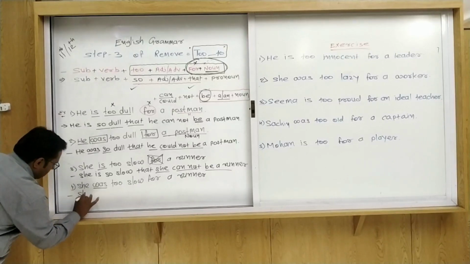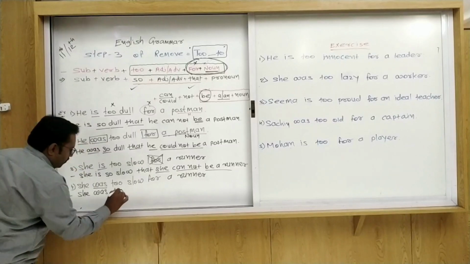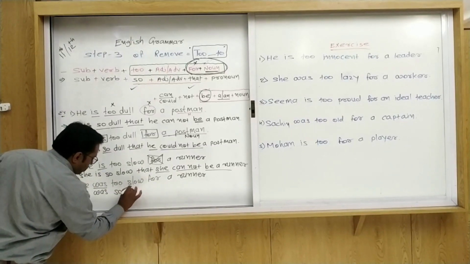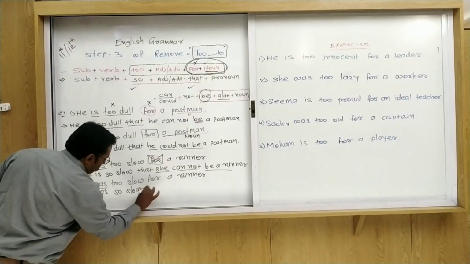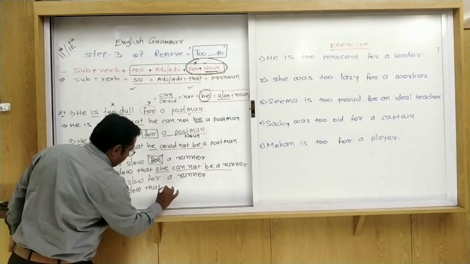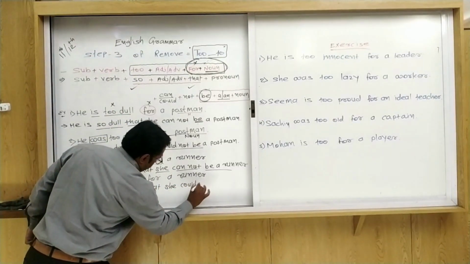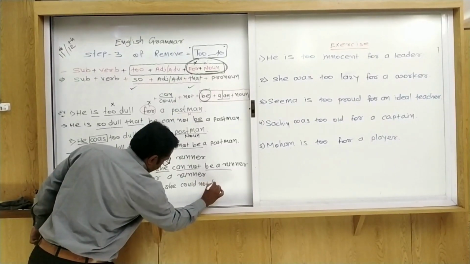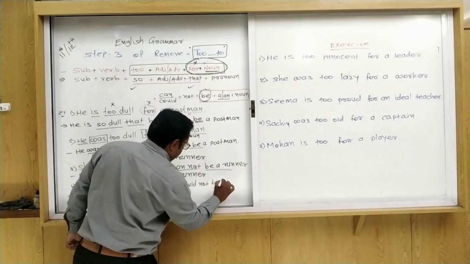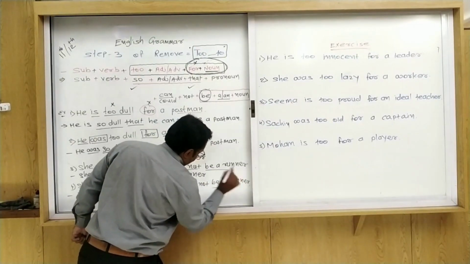So she was so slow that she, past tense, could not be, remove "for", be a runner.